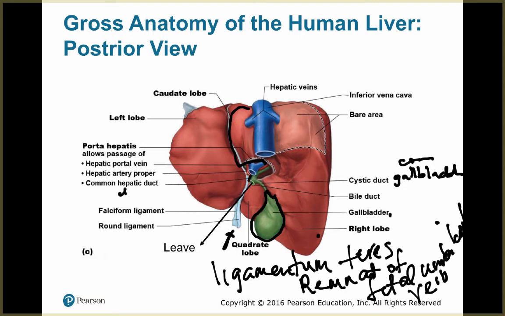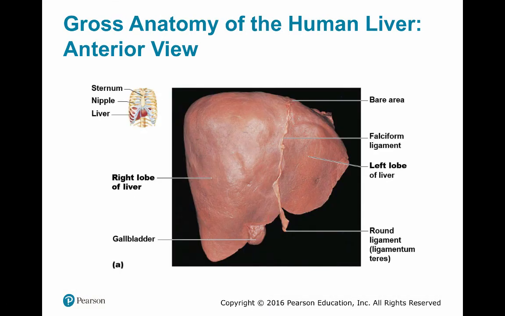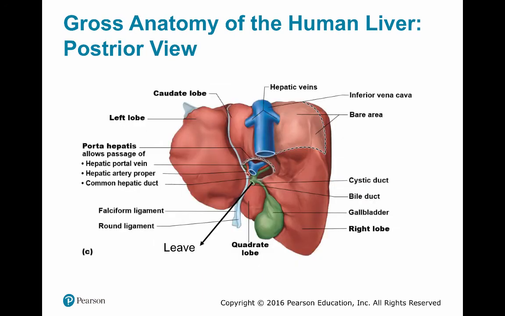This is the duct that leaves the liver. And basically the bile duct, which you can see right here, is the connection of the cystic duct and the common hepatic duct together.